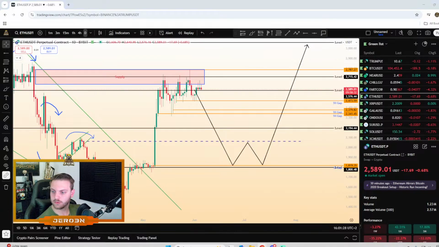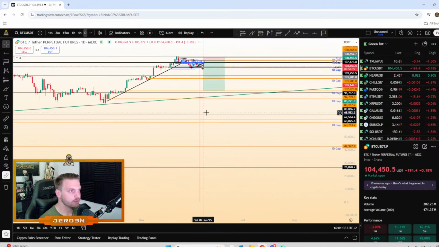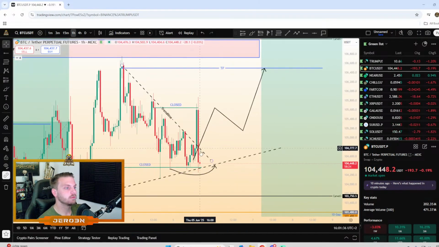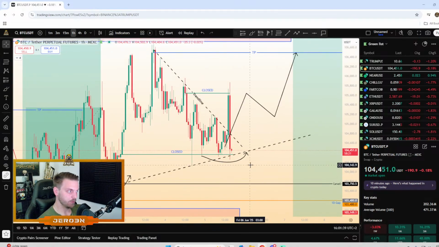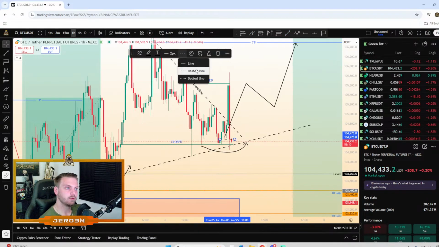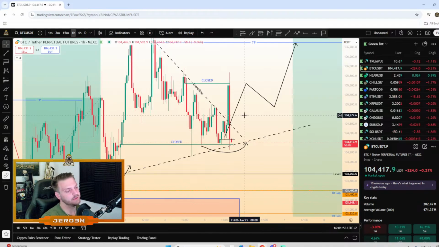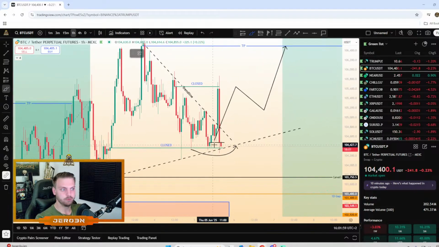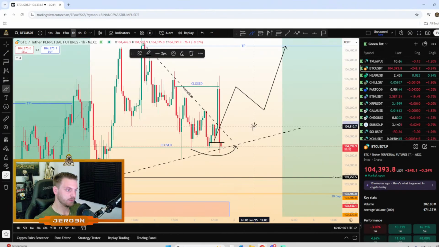How are we doing here? We are in red. I repeat, we are in red. But we're doing okay. So the hourly close is above this one here. Let's see if the next hour will be closing below or if it will be a retest up.